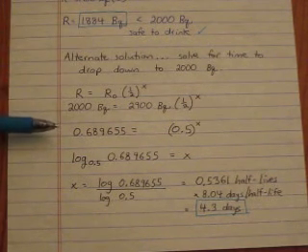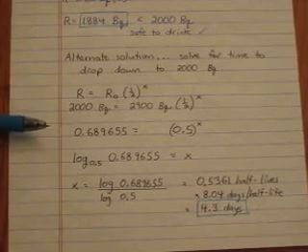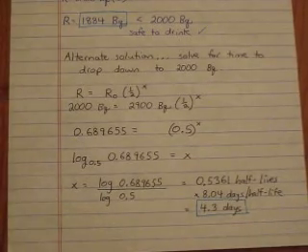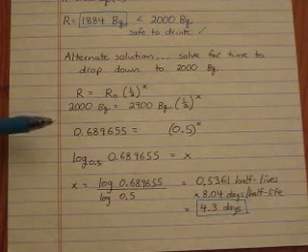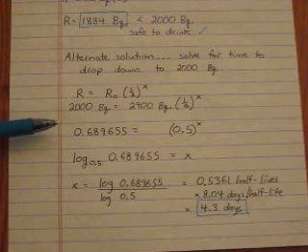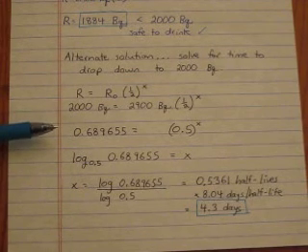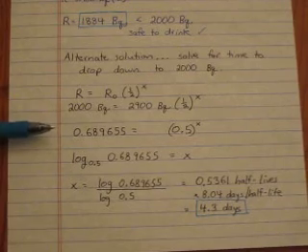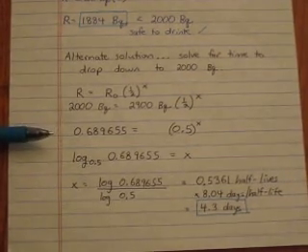In this next line, I've divided 2,000 by 2,900. I get 0.689. Or another way to say that is that the activity has dropped down to 68.97% of its original level. So this here now is a logarithmic equation.